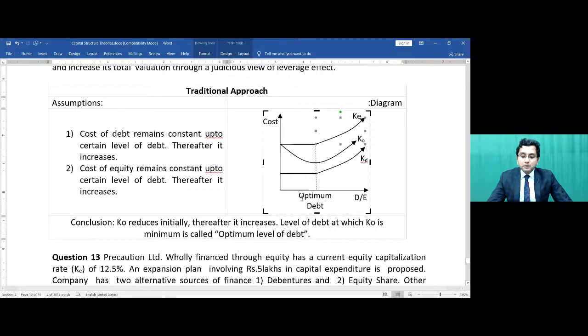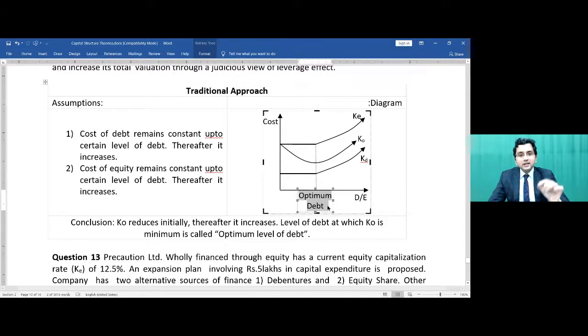Therefore, up to optimum level of debt, when both KD and KE are constant and cheaper sources are increasing, KO keeps on reducing and comes to the minimum level. And then KD and KE both rise, so KO also rises.